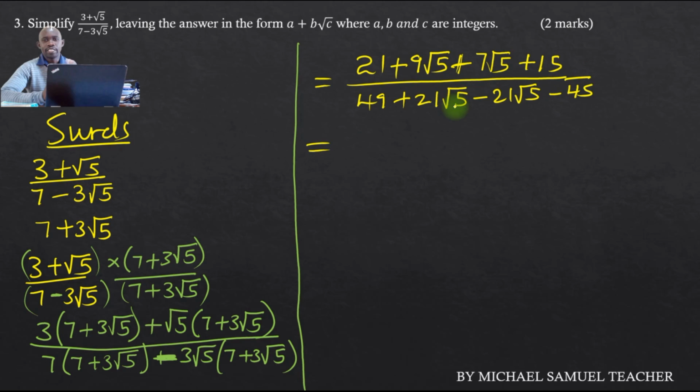So collect the like terms or like numbers. 21 plus 15, that is 36.